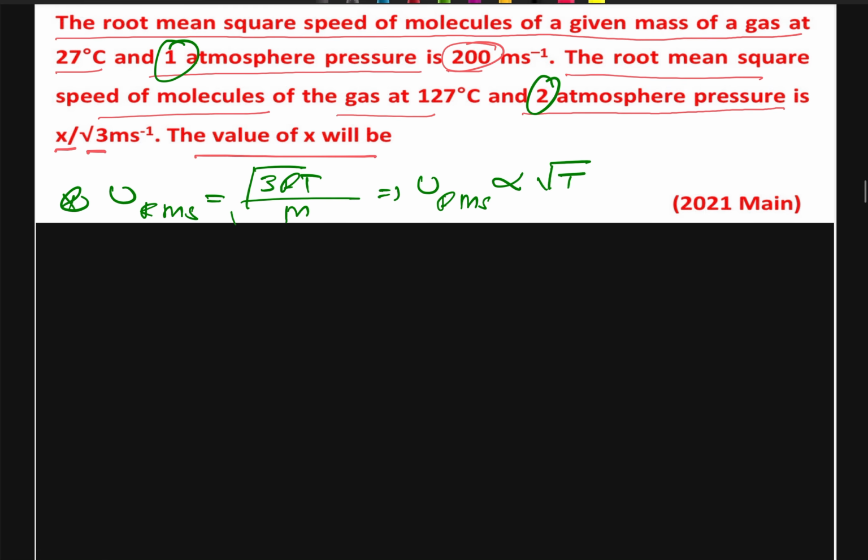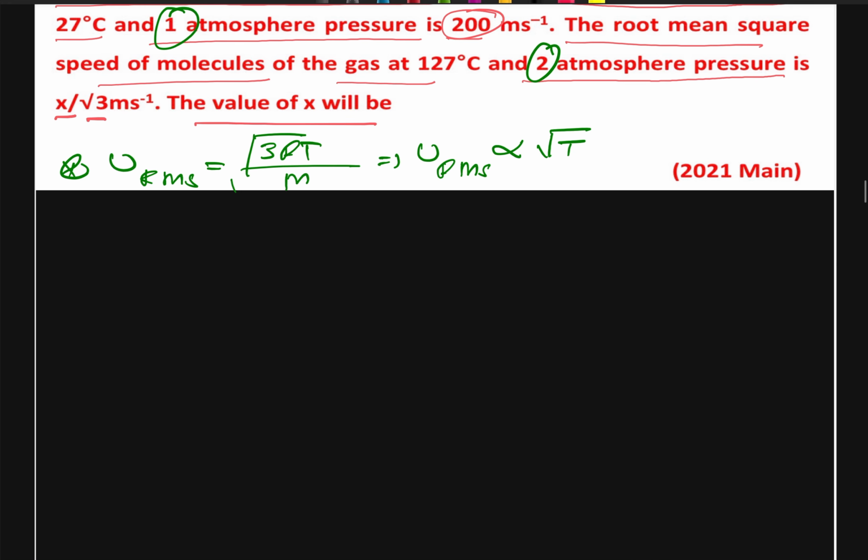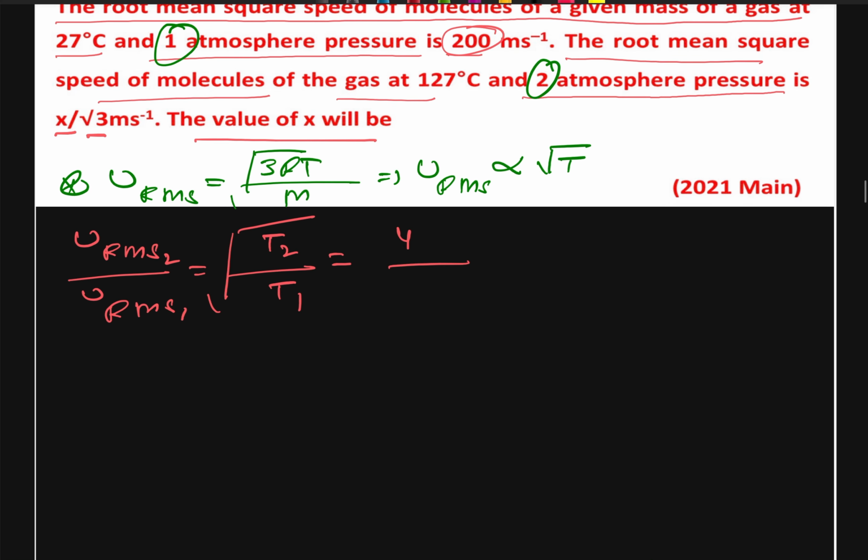So we can divide the given formula, VRMS second upon VRMS first will be equal to square root of temperature second upon temperature first. Second temperature is 127 degrees centigrade, so that will be 400 Kelvin, and first is 27 degrees centigrade, so that will be 300 Kelvin, under square root, and this will be coming as 2 upon square root of 3.